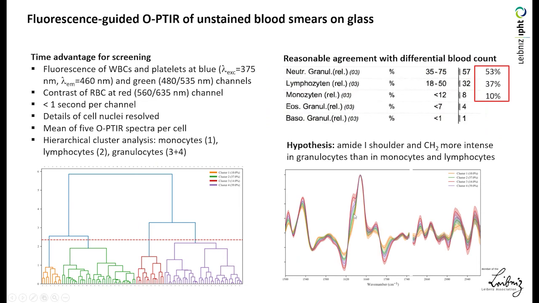Here these cells also showed a small shoulder, and the reason is that the CH2 bands are more abundant in the cytoplasm, and these granulocytes have a smaller nucleus and a larger cytoplasm. So this can also be explained biochemically.